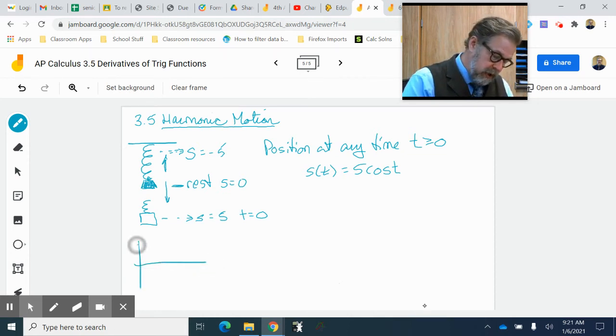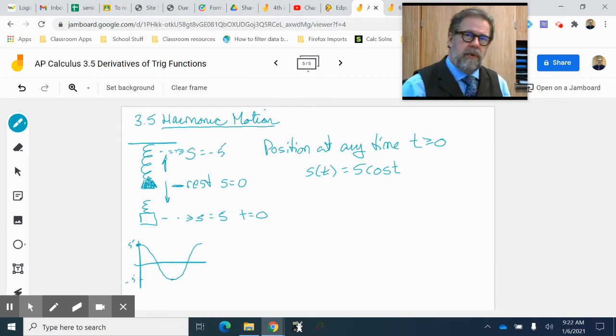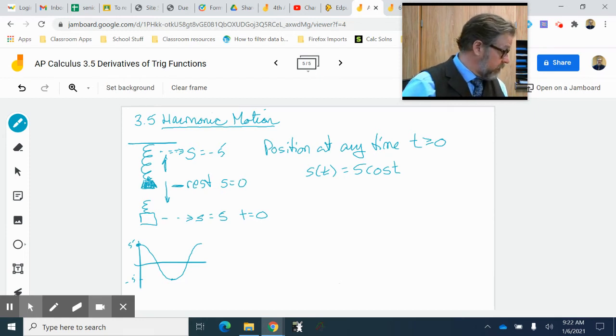At time 0, it's at a maximum, and then it's going to travel down, and at some time it's going to be at a minimum, and it's going to travel back up and go to the maximum. So because it's starting at a maximum extension, we use cosine for this one.